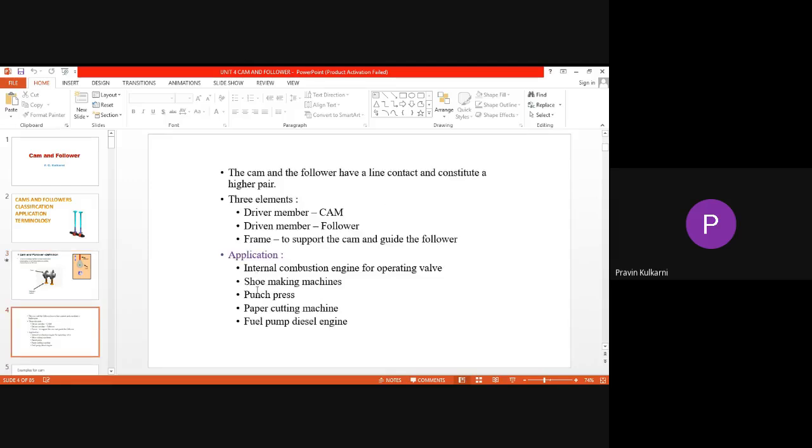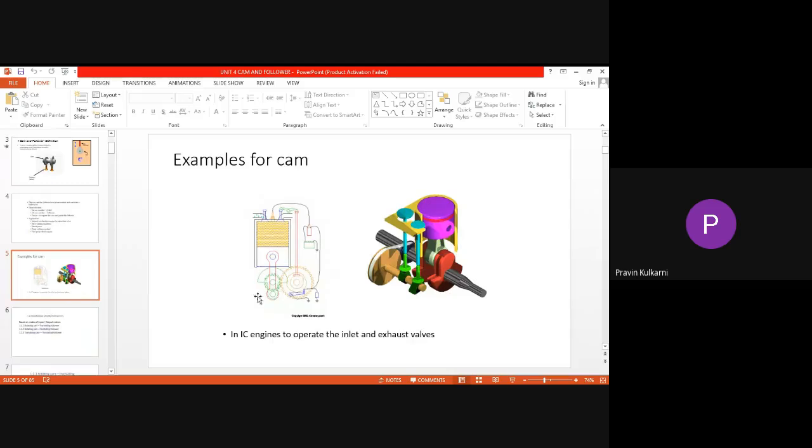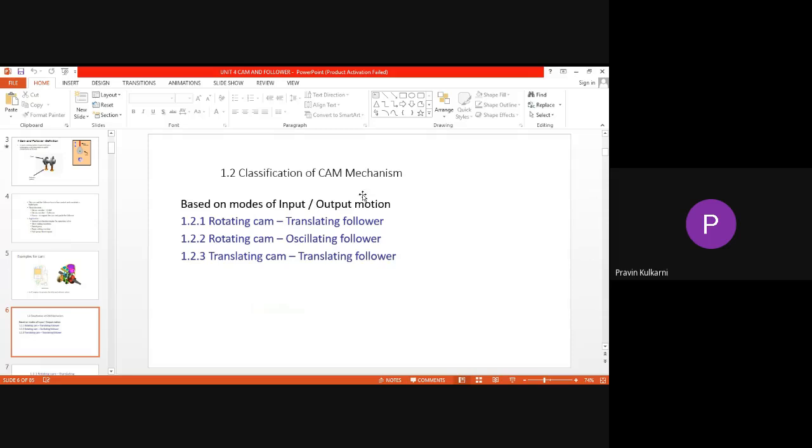Now, applications we can revise: IC engines, shoe making machines, punch press, paper cutting machine, fuel pump, diesel engine, and so on. Examples for cam: IC engines to operate inlet and exhaust valves. Classification of cam mechanism: rotating cam, translating follower; rotating cam, oscillating follower; translating cam, translating follower.